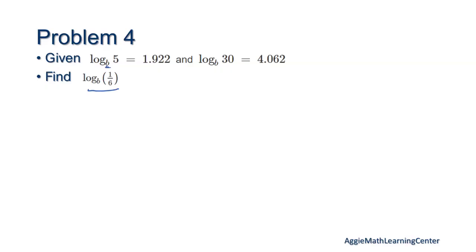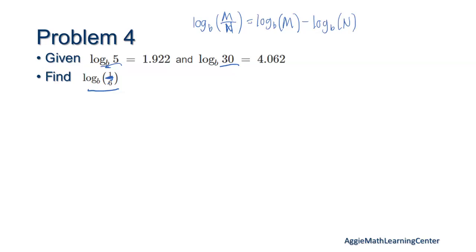So I want you to notice that we have a fraction inside the log, and so that should put you in mind of this logarithmic property where I have division happening. And then I want you to think, okay, I have a number on top that's smaller than the number on the bottom, and I notice that 5 is smaller than 30.